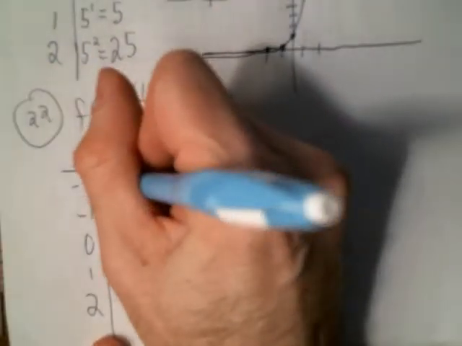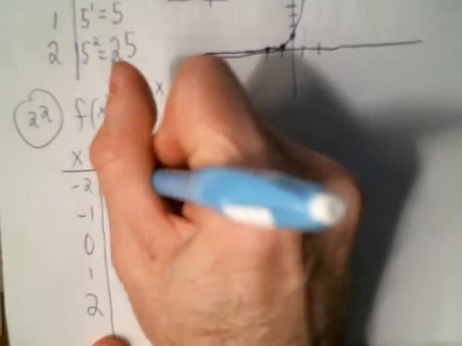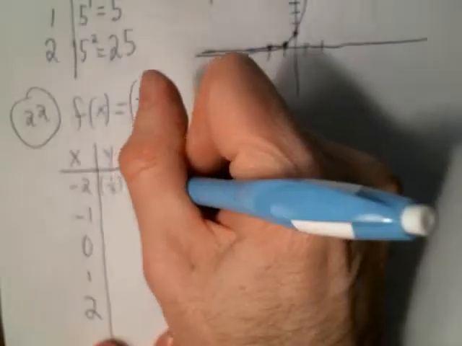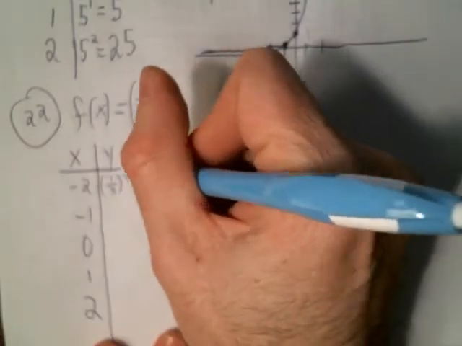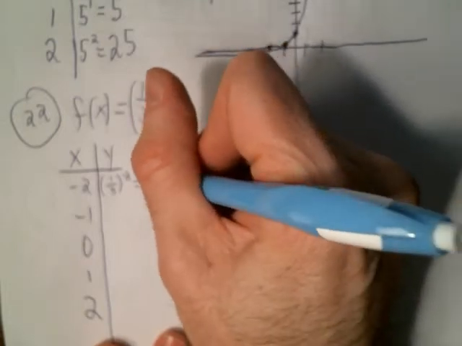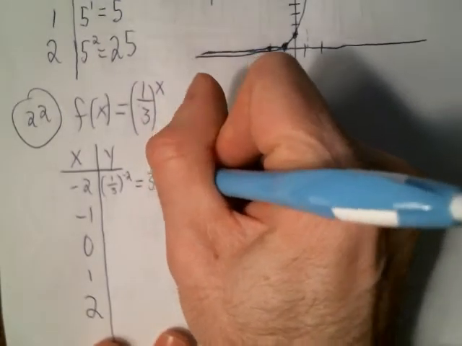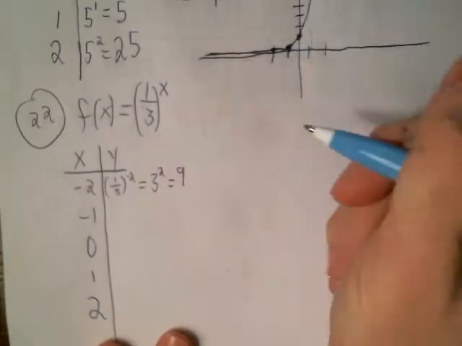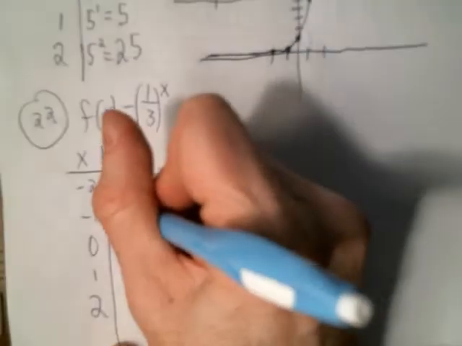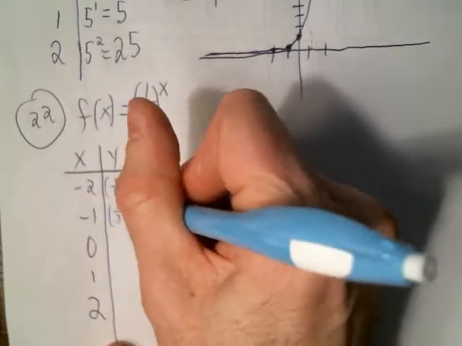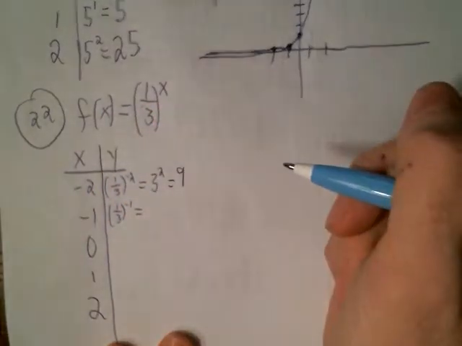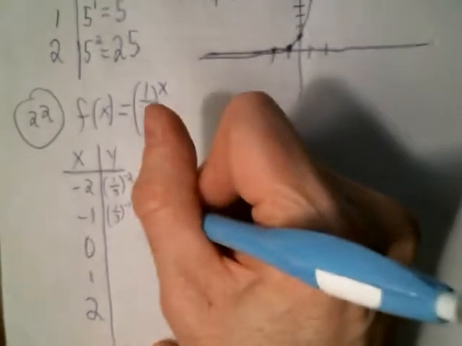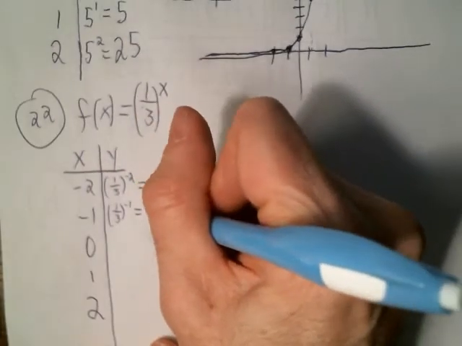All right, so I'm going to plug these into the exponent. So I'll have (1/3)^-2. That's the same as (3/1)^2. But then 3 over 1 is just 3. So I have 3 to the positive 2, and then 3 squared is 9. Now here I have (1/3)^-1, which is the same as (3/1)^1.